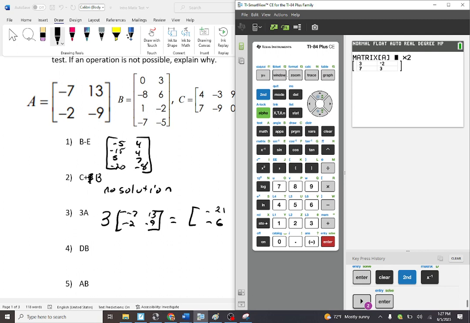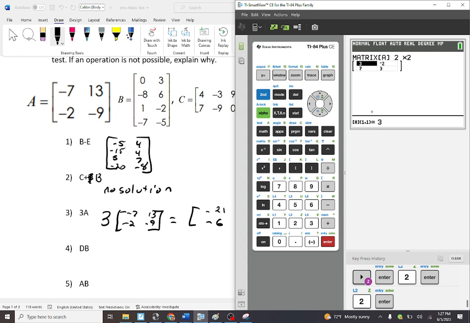So edit and then press enter on A because we're going to change A, okay? Now you have to put in the dimensions. Mine's already 2 by 2, but I would put 2, enter, 2, enter. And then you will go inside. Change yours to 2 by 2. In this case, this is a 2 by 2.